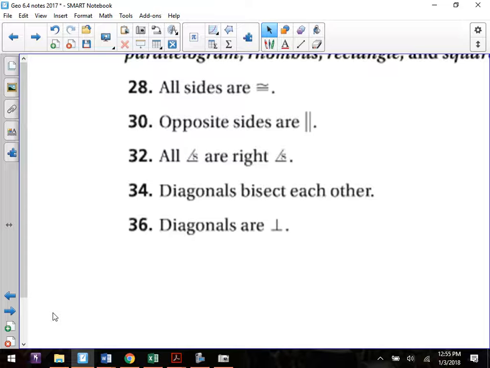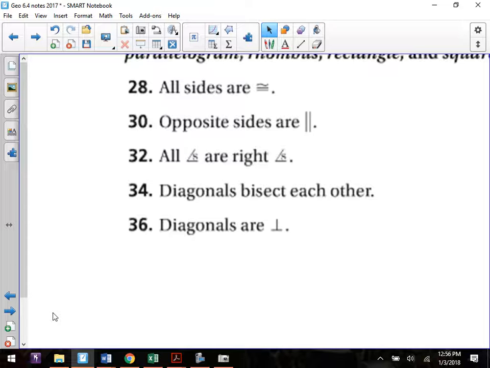What shape has opposite sides that are parallel? A rhombus, a square, rectangle, parallelogram, all of them. All angles are right angles. Squares and rectangles. Okay. See how it's so much easier for you guys if you read it in words instead of trying to work off a diagram. But yet it should be the other way around.